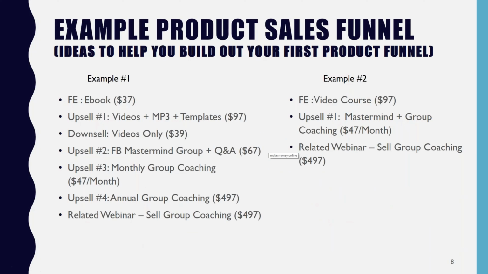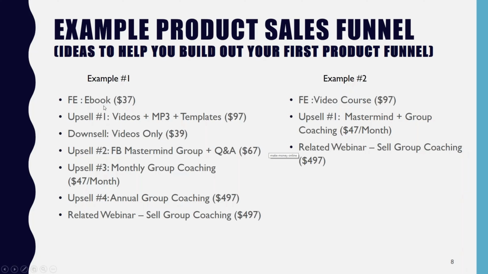So example number one is your front-end ebook. Upsell number one could be a video with MP3s and templates. Then you do a downsell for videos only, a Facebook mastermind group, a monthly group coaching session, annual group coaching, and then a related webinar where you sell to them. This is a perfect example of a funnel.